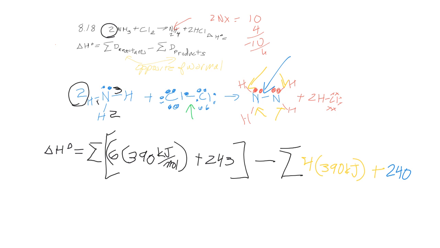Then I have my hydrochloric acids, and I've got 2 of them, and each one has a value of 432 kilojoules. So big brackets around that part as well. Now it's just a matter of plugging and chugging and doing the math.